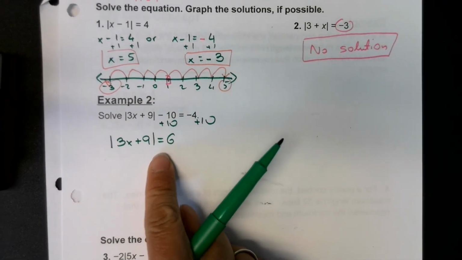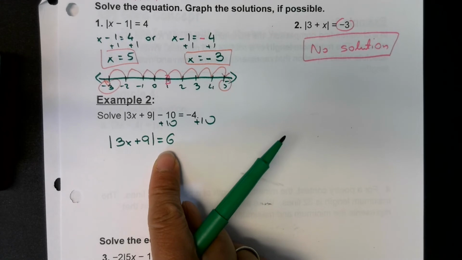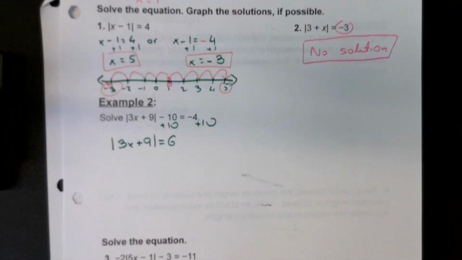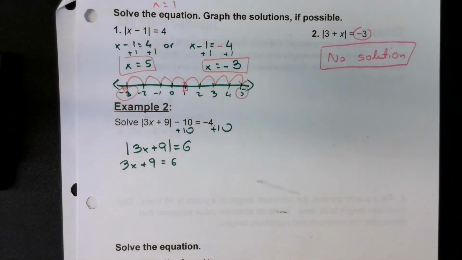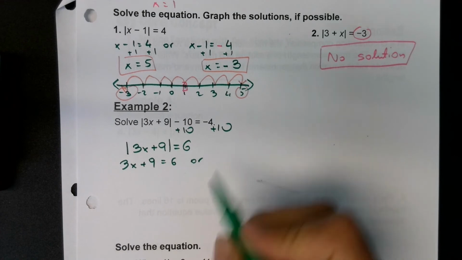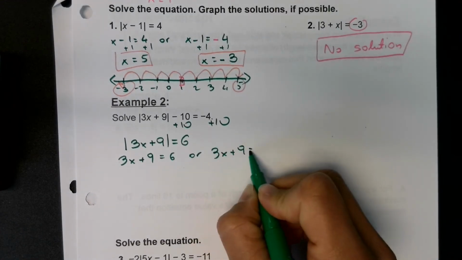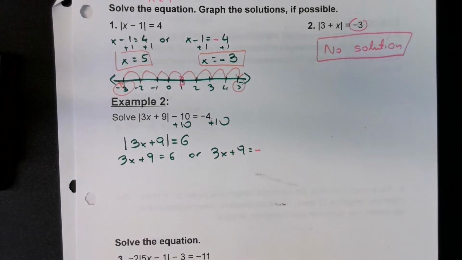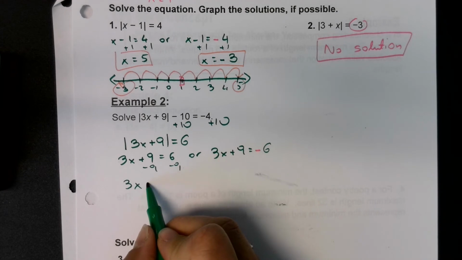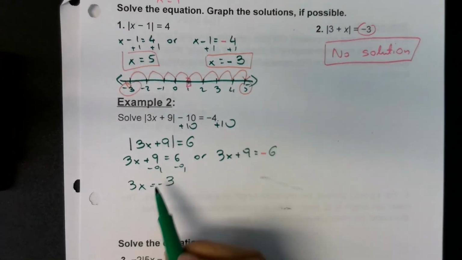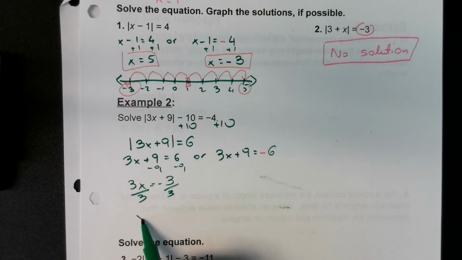Now that's simplified, and it is set equals number that is greater or equal to 0. So now we can set it equals 3x plus 9 equals 6, or 3x plus 9 equals negative 6. And now we can solve it. So minus 9 on both sides, you end up with 3x equals negative 3, divided by 3, x equals negative 1.